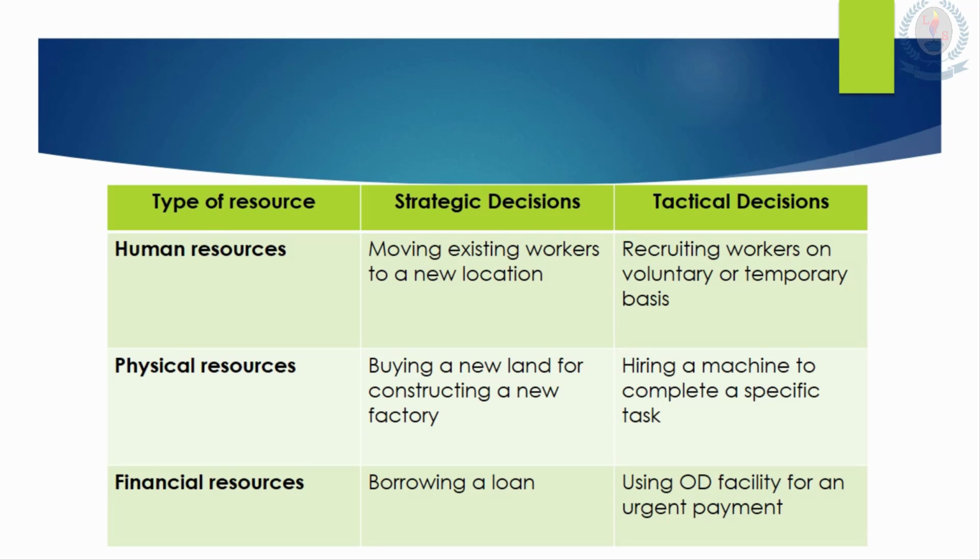Think about a tactical decision which we made regarding the human resources. There is an example for that: recruiting workers on a voluntary or temporary basis. If we are hiring some employees for a certain period of time, for a short period of time to achieve a goal, then we hire employees on a voluntary basis or temporary basis.